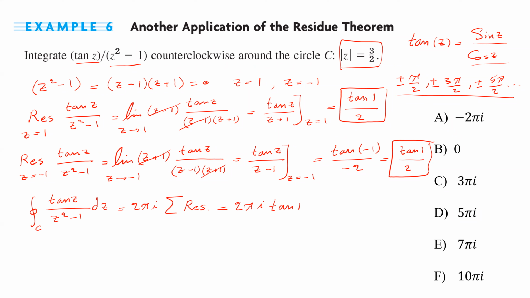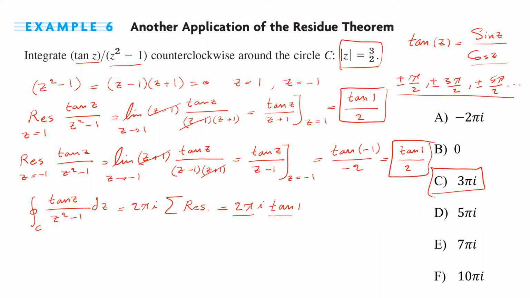So it becomes 2 pi I times tan of 1. And 2 times tan of 1 is about 1.5 times 2, so this will be closest to this answer. Of course, this is not exactly 3 pi I, but very close to 3 pi I. Okay.